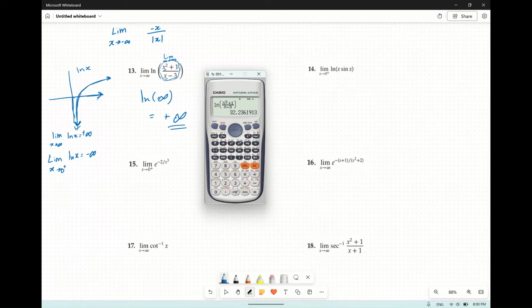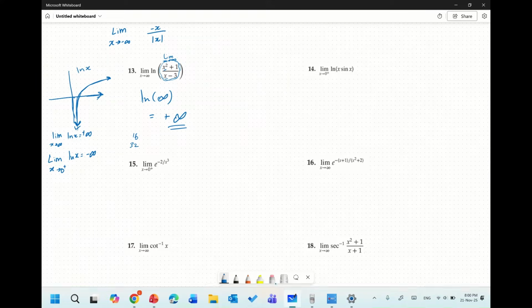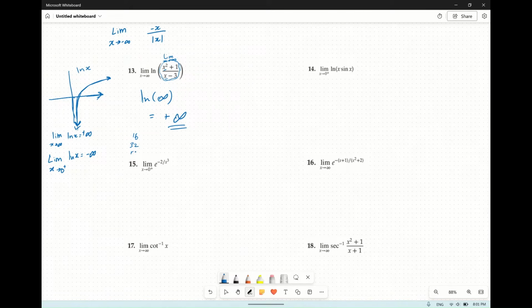What do I see? 32. So first it was 16, now it became 32. Let me make the number even larger, larger, larger. Keep adding zeros. What did I get? 59.8. Look at the pattern that you get. The numbers keep growing larger and larger in the positive direction. So the answer is positive infinity.